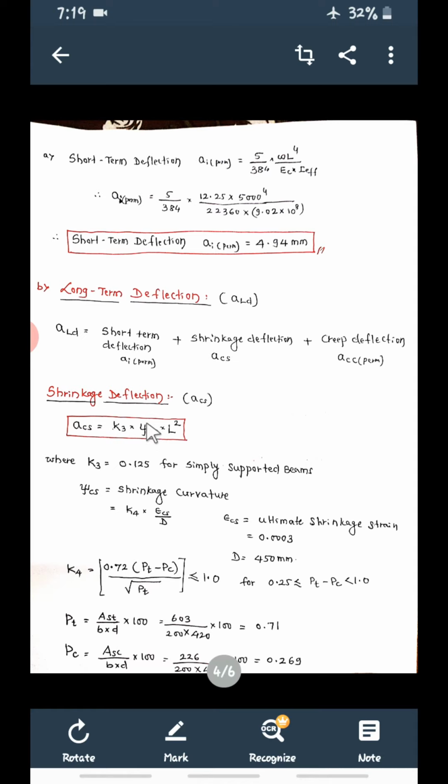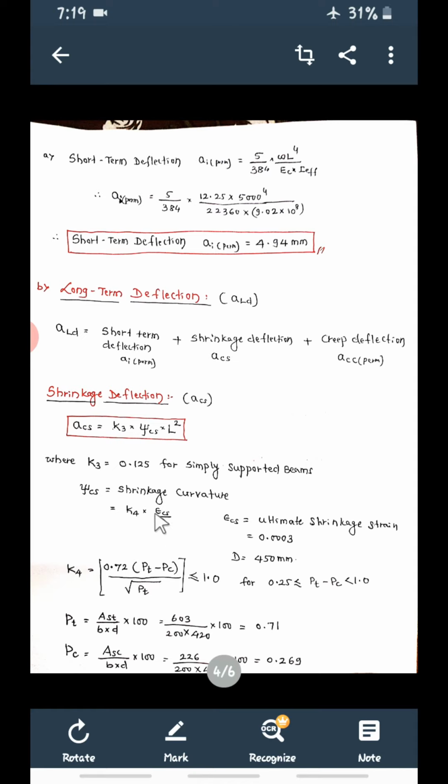Then calculate this φCS. What is φCS equal to? This is the shrinkage curvature, and φCS will be calculated by the formula K4 into ECS divided by D. D is known, that is the overall depth.